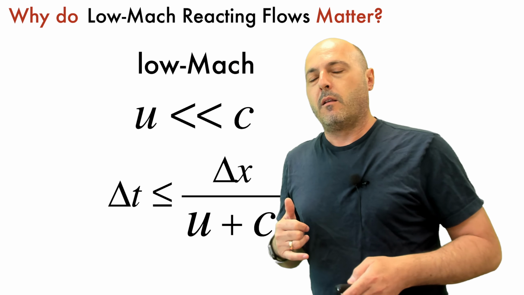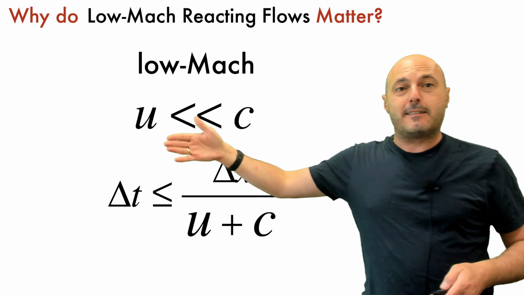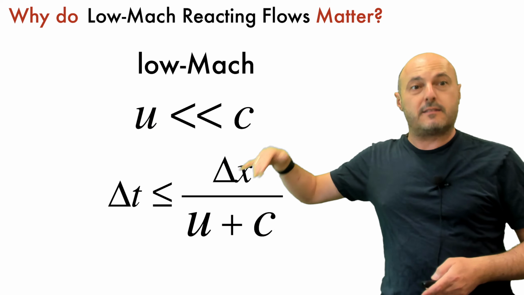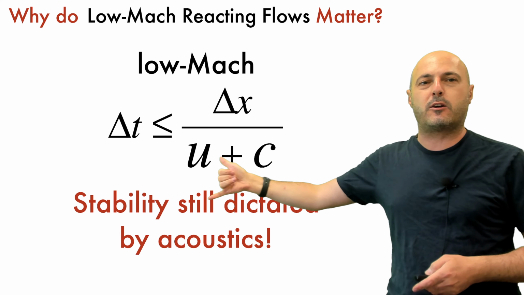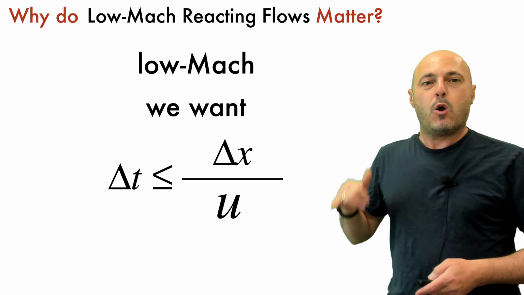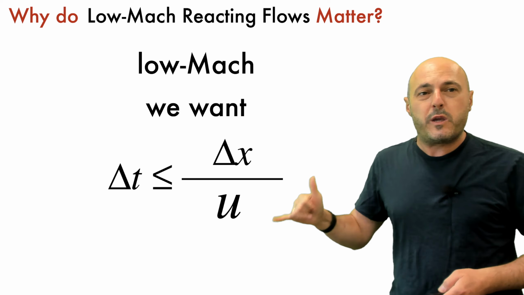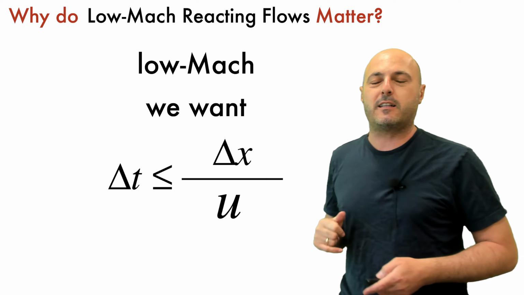Okay. In low Mach, like I said, U is much smaller than C because the Mach number is small. Yet the stability is dictated by the acoustic waves, U plus C. What we want is for the stability in low Mach problems to be dictated by the speed U, by the advective speed.